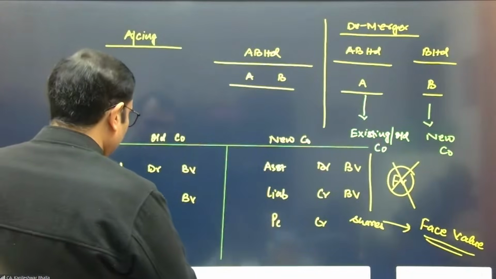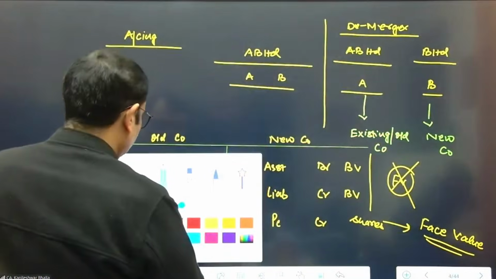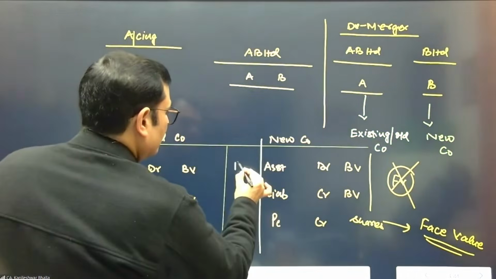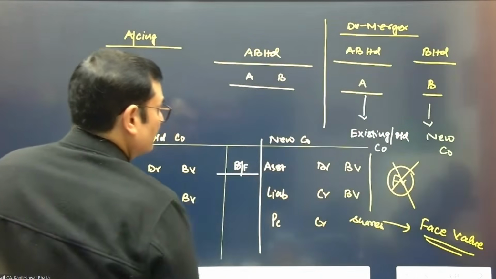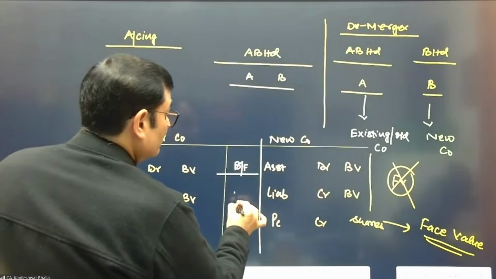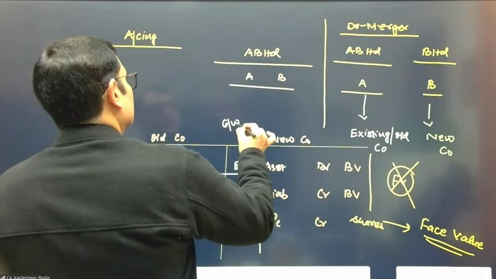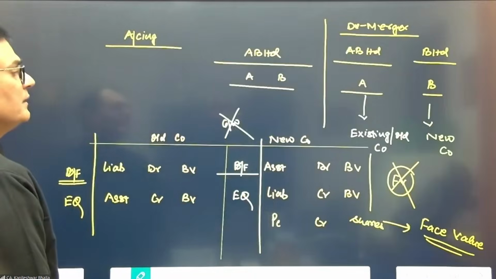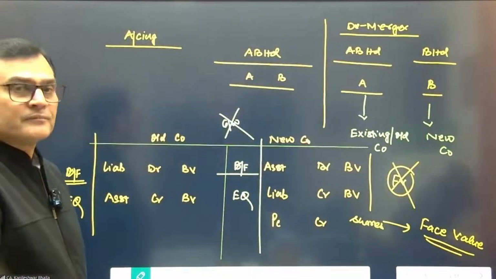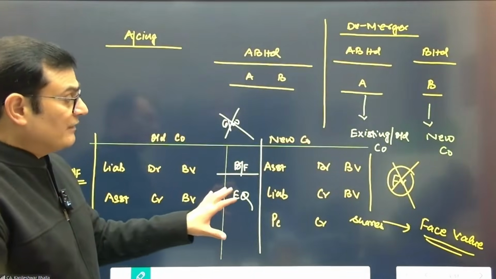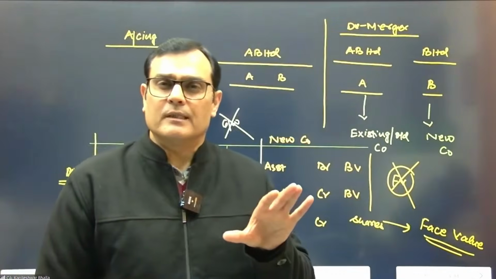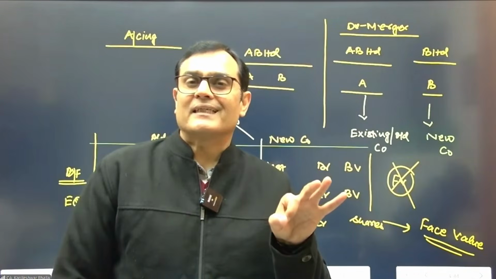Now, if there is any difference which arises in this entry, that difference will also be adjusted directly to equity. So no goodwill will ever arise in the books of the new company as well. Whatever is the difference on the debit or the credit side is going to be settled in equity.